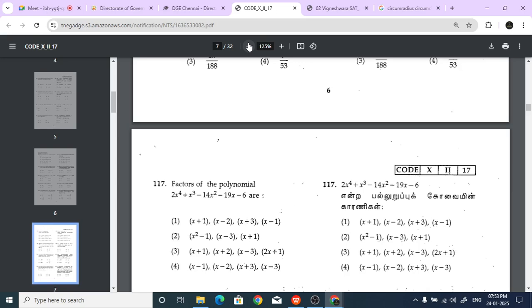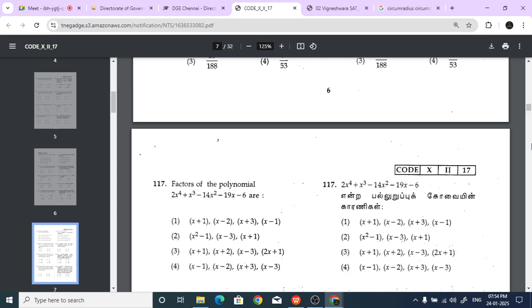No, you will get only x power 4. In the second one, will you get 2x power 4? No, sir. In the third one? Yes, sir. In the fourth one? No, sir. So which is the answer? Third option, sir.